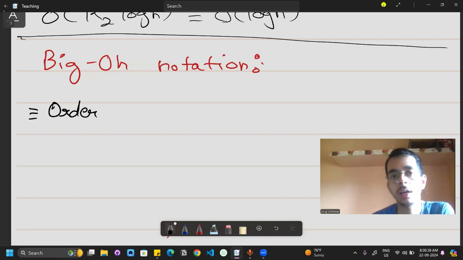Because we are calculating this at very large values of n, it does not matter what the constants are.